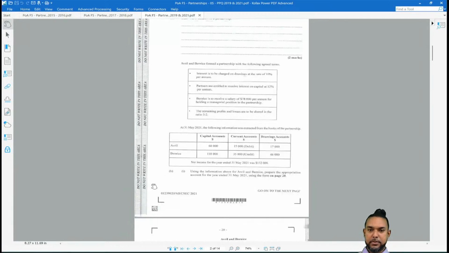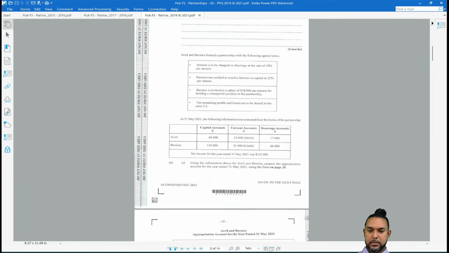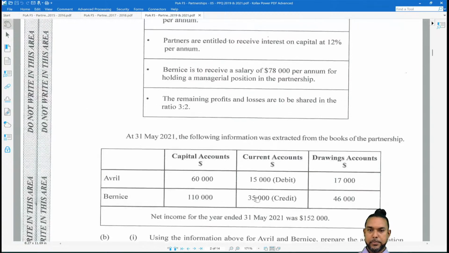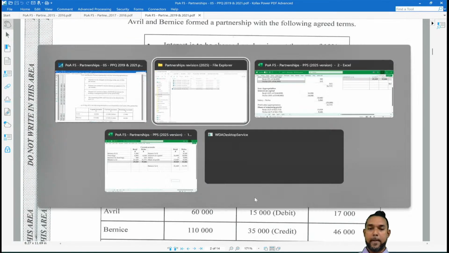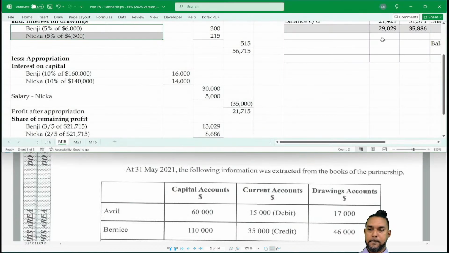Avril and Bernice. Okay, cool. I have videos from 2008 to 2024, so 17 years.